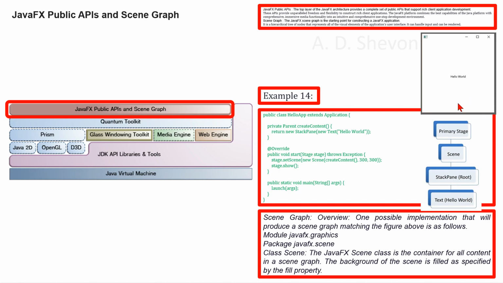The important notes: a node can have a maximum of one parent. A node is active when attached to a currently visible scene. The scene graph can only be modified from the JavaFX application thread.